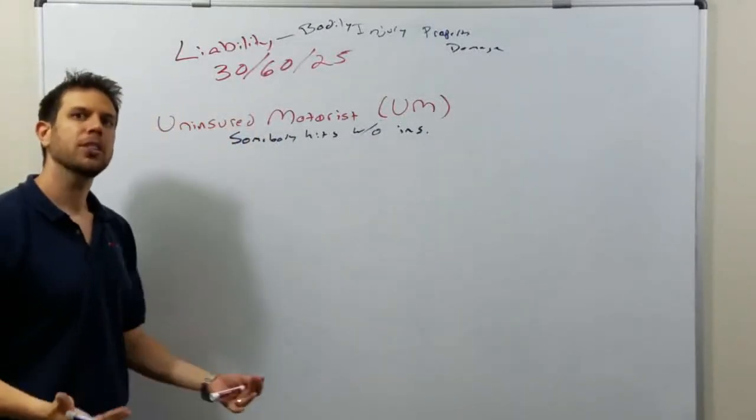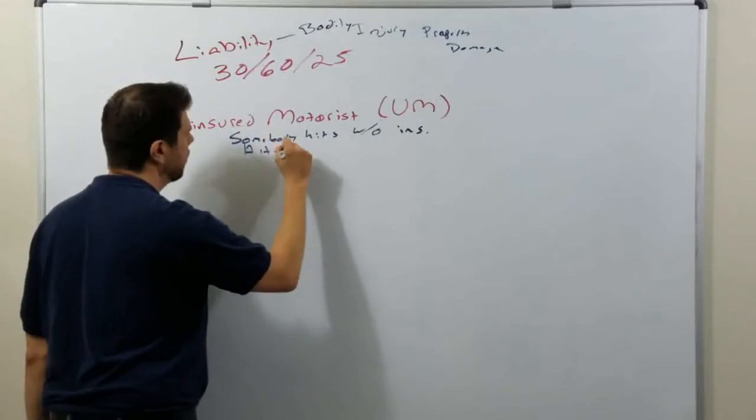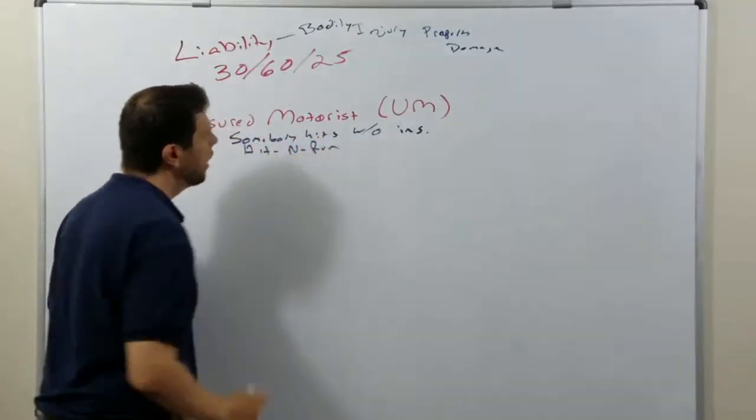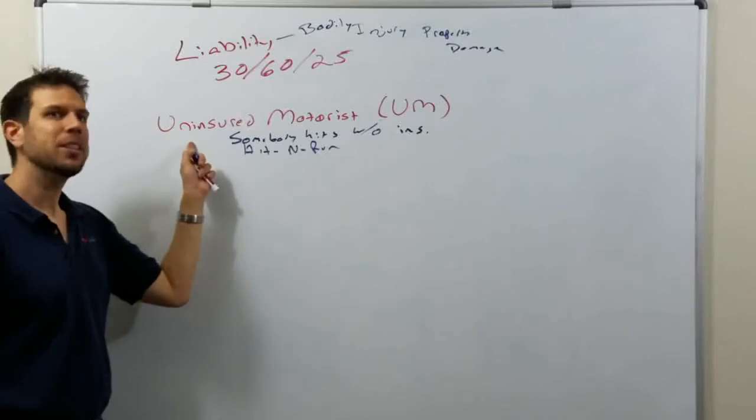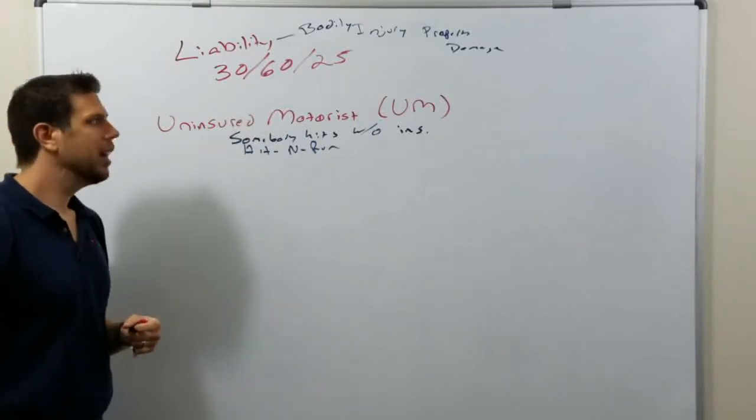Uninsured motorist also covers you if somebody hit and runs you. Your uninsured motorist limits are typically the same as your liability limits.